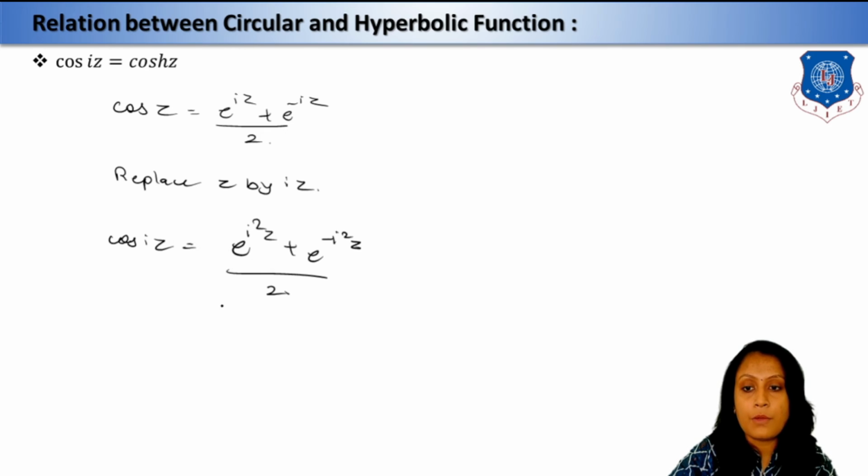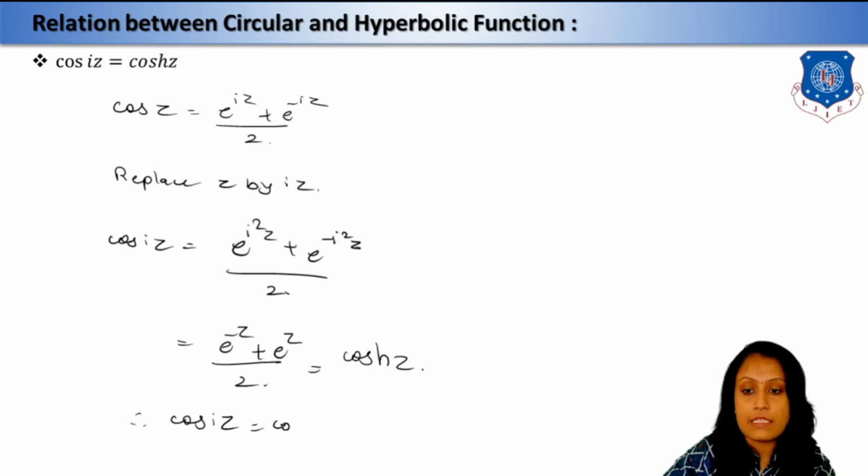Again use the value of i square, that is minus 1, so you will get e raised to minus z plus e raised to z upon 2. Now we know that this is the formula of cosh z, hence we have proved the result that cos iz is equal to cosh z.